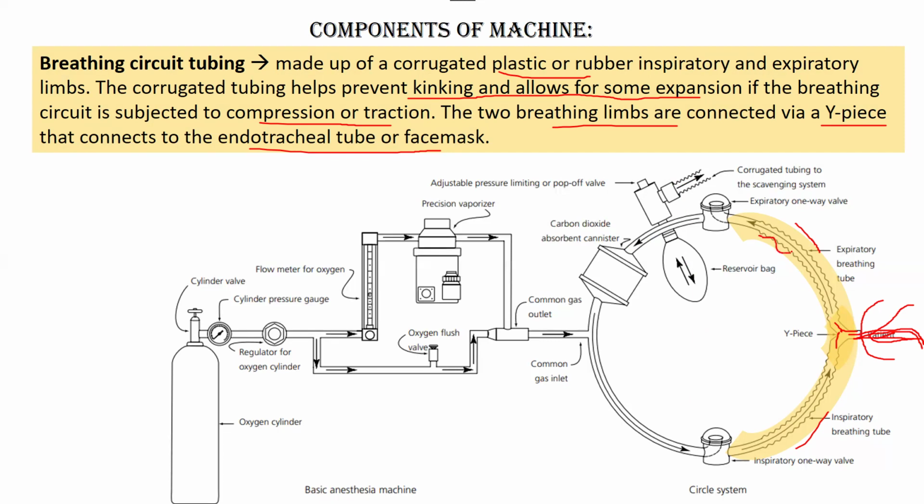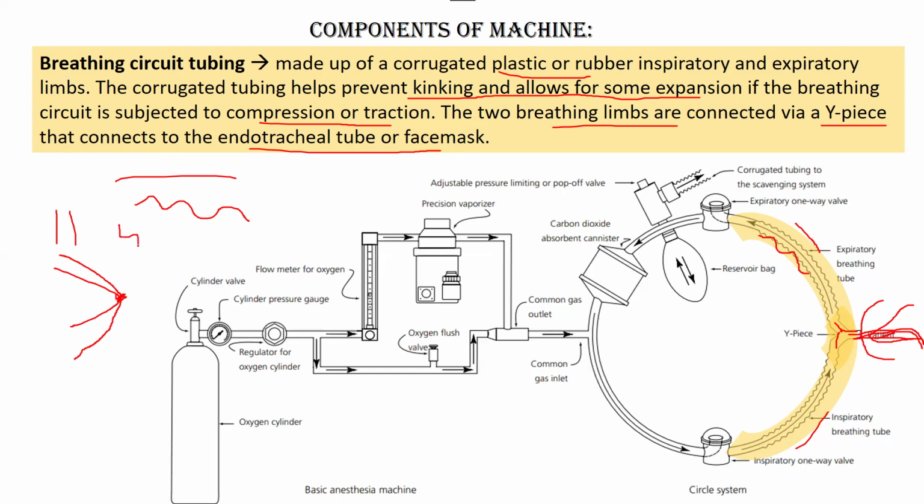So these tubes are basically corrugated, they are not straight, rather they are like this. Why are they made this way? Because if the tube is simple and plain and it gets bent, what will happen? We know if even by mistake the tube gets bent, there will be a blockade of the flow of the gas and the animal can die.